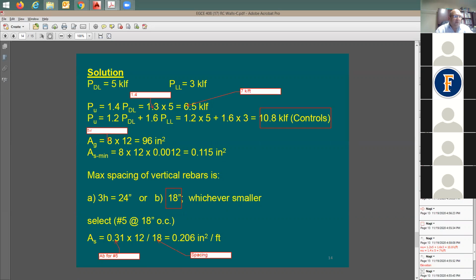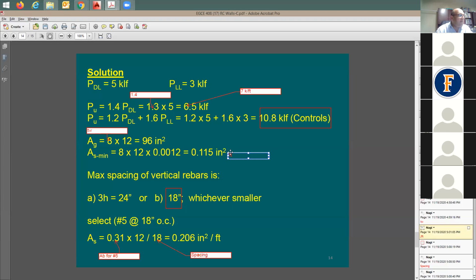Someone's going to say, well, maybe we should have put units here to be square inches per foot. I'm going to say, yeah, why not? But we know that the whole thing here is done per foot because my cross-section area was per foot. So when you take this cross-section area and multiply by a unitless factor, you're going to get square inches. But we know the whole analysis is made for a foot long of this wall.